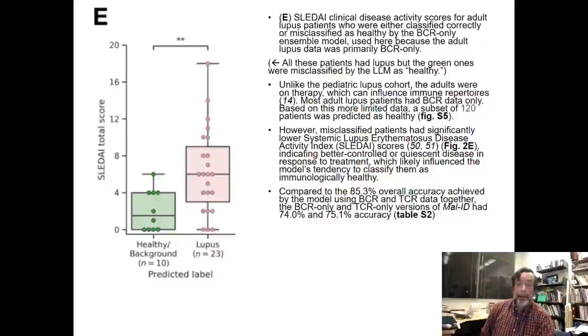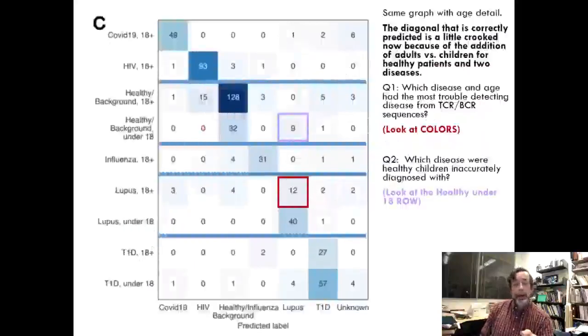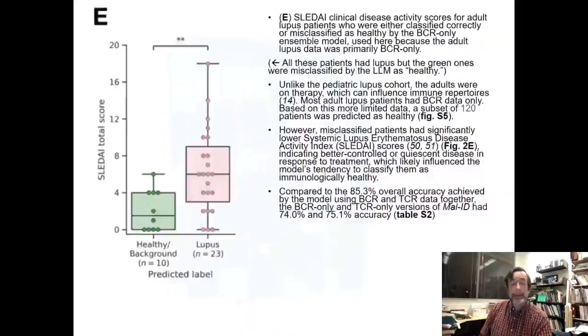This would be the red square on this, lupus 18 plus. The things outside the red square are where the computer says it doesn't have lupus, but they actually do. The green ones were misclassified as healthy, and you see that there's a number of them with a low score, but there's a considerable number of them that actually had a reasonably high score.